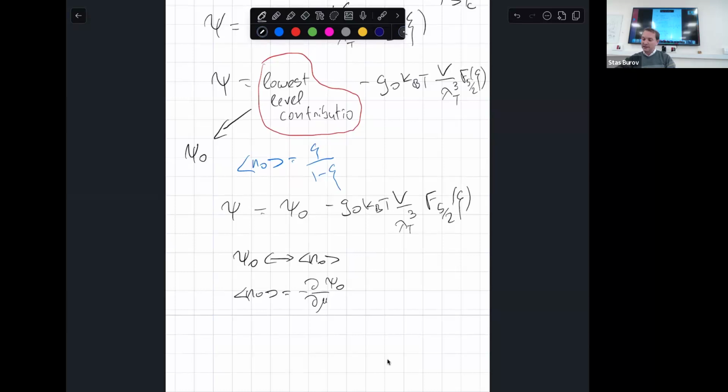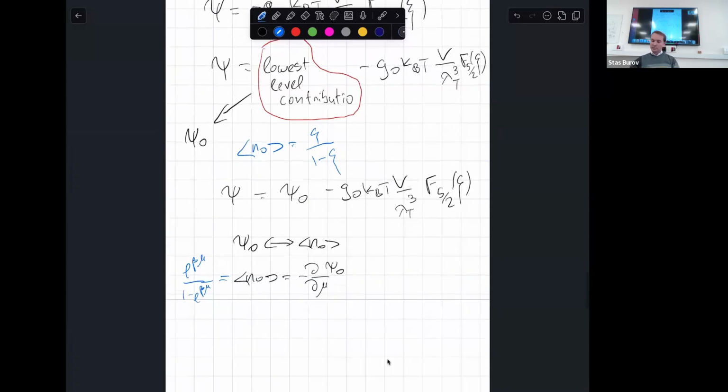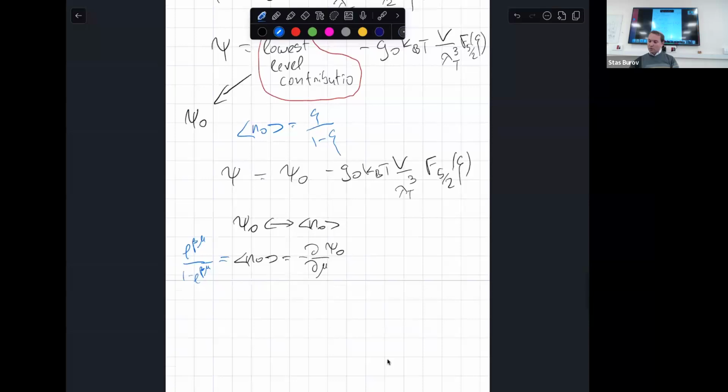This is on one hand side. On the other hand side, we calculated, and we know that it equals e to the power beta mu divided by 1 minus e to the power beta mu. So out of this and the connection to this, you can find psi 0.